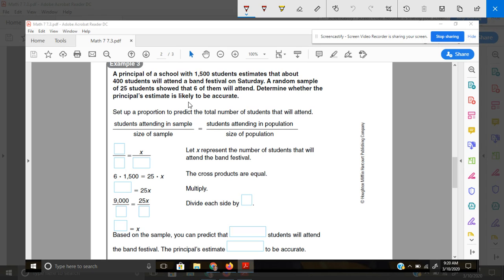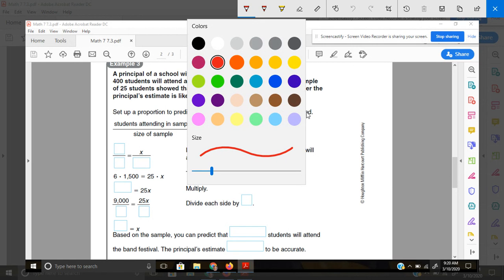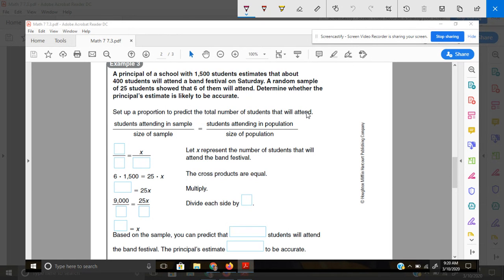So he's thinking, of those 25, can I use my 6 out of 25 to estimate for my total student body? So we're going to use a proportion to predict the total number of students that will attend. So how can we do that? Well, we can look at the sample size. The students attending in the sample were 6 over the total. How many students did he sample?